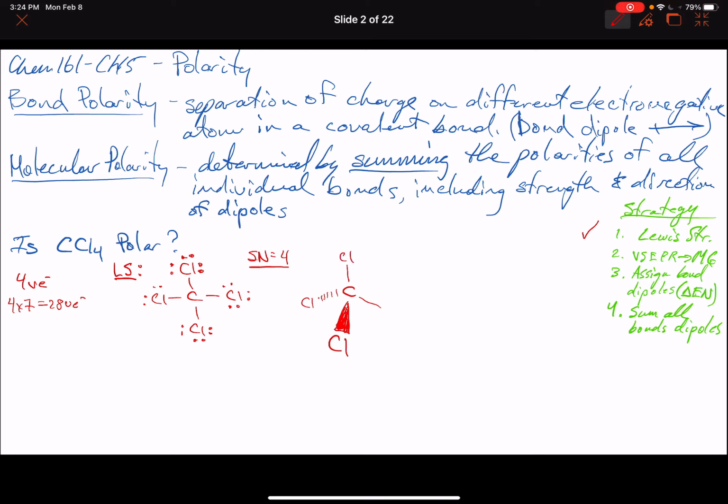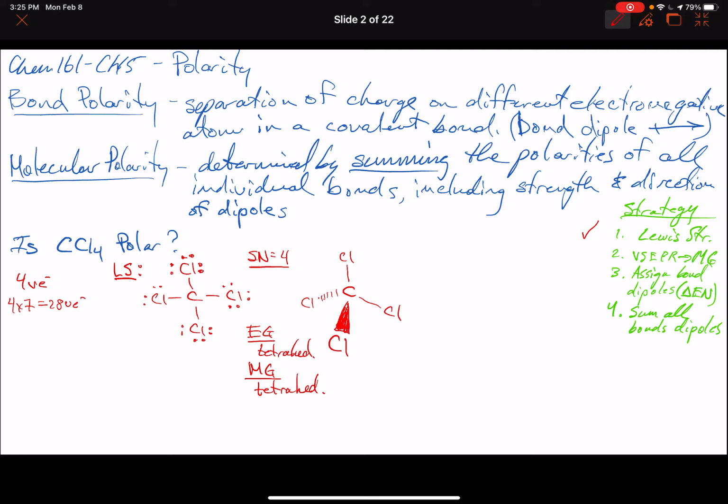We'll list the other 2 chlorines here. And for sake of simplicity, we're not listing lone pairs on those chlorines to indicate that here our electron group geometry is tetrahedral and our molecular geometry is also tetrahedral since there are no lone pairs at that central carbon.